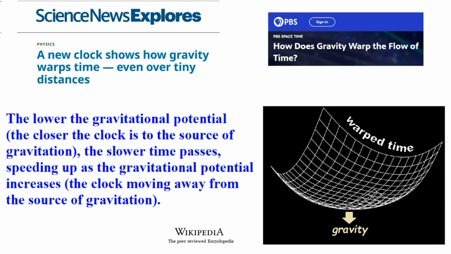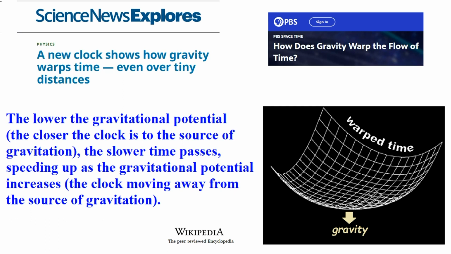And here we have some magic from the establishment, the scientific establishment, the mathematical so-called physics establishment. And here's one of them. It's about gravity warping time. They say, new clock shows how gravity warps time. Science News, of course. PBS says, how does gravity warp the flow of time?